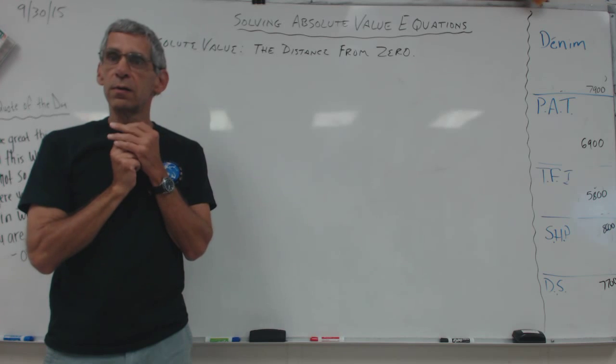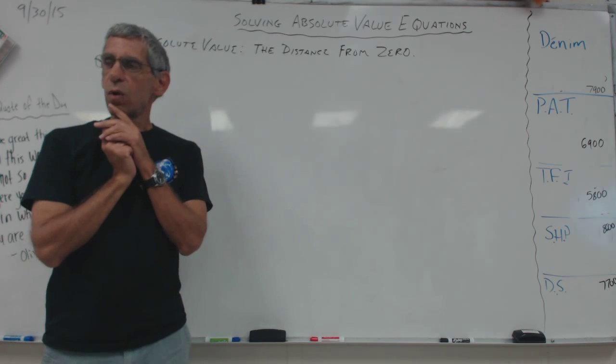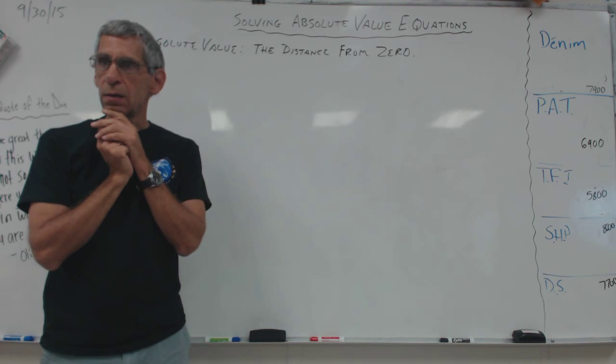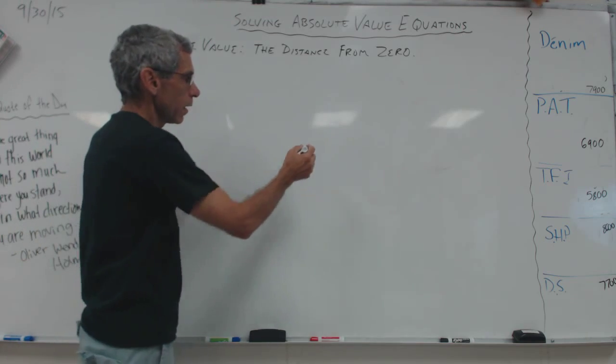Now, what is it about distance? What kind of numbers can you never have with a distance? She says negative. All right, here's a box.